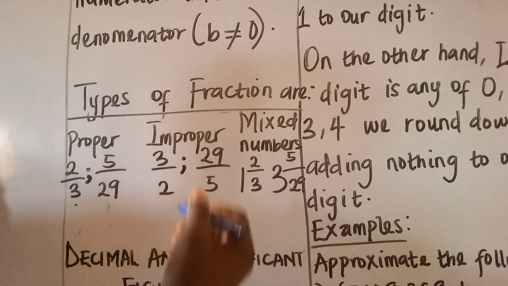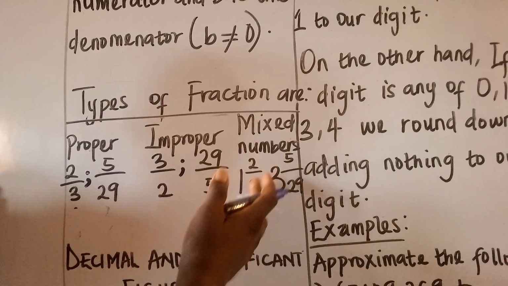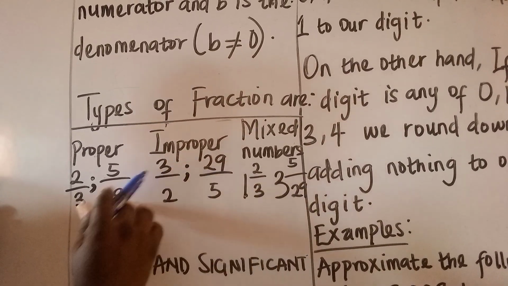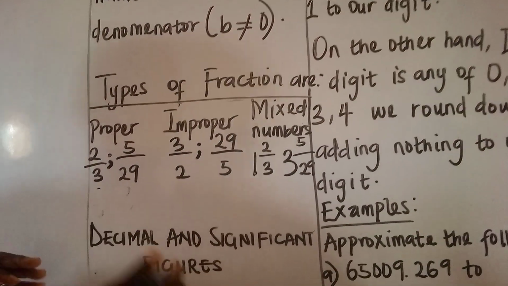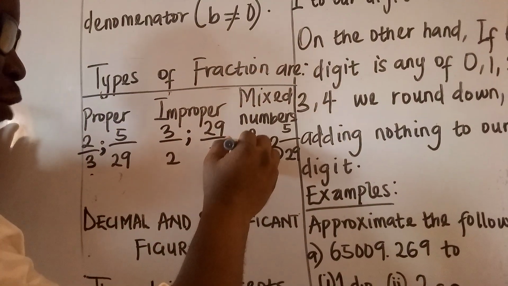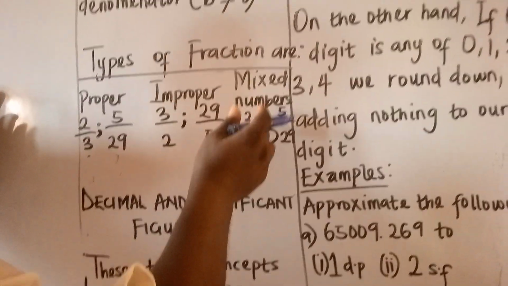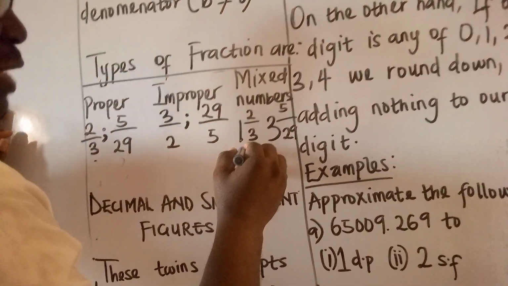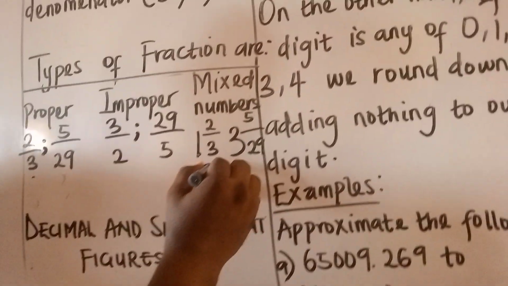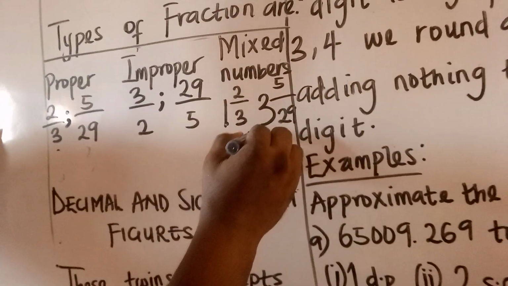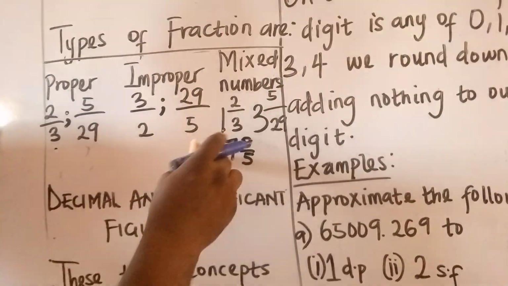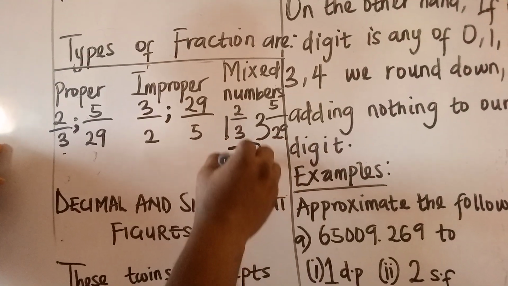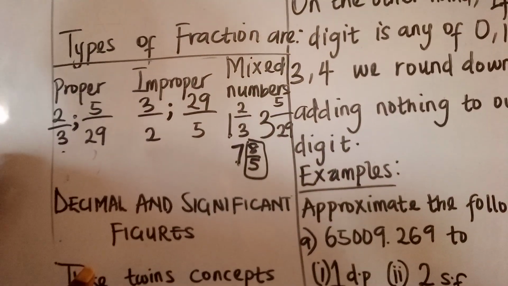A mixed fraction is when we have a whole number and either a proper fraction or an improper fraction. So I could say 7 whole number, 8 over 5 is also a mixed fraction, where 7 is a whole number and this one here is an improper fraction.